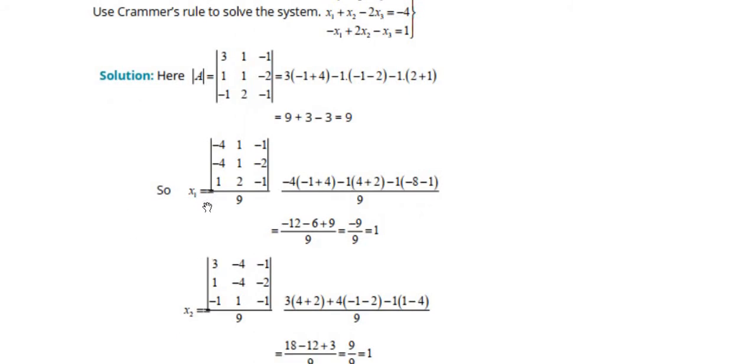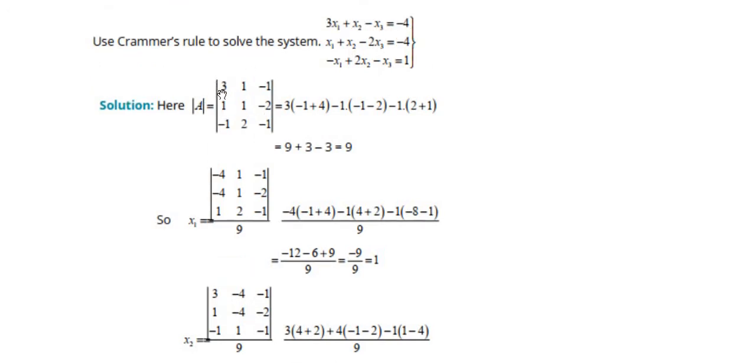For x1, we interchange the first column with the constant values which appear after the equal sign. Instead of 3, 1, minus 1, we put minus 4 and 1, and the remaining matrix will stay the same. Then we find its determinant and divide by 9, and the value will be 1. This is the value of x1.